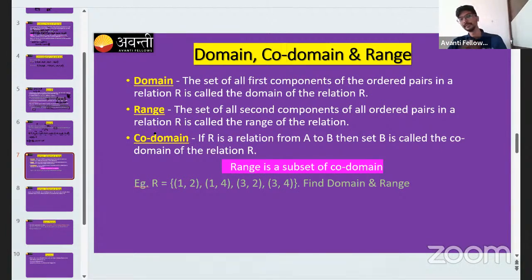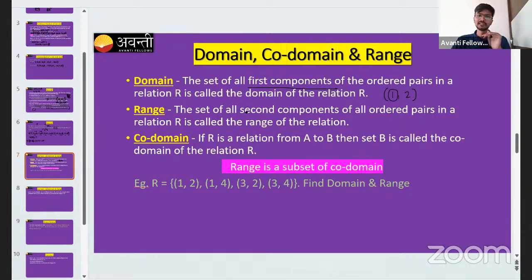So let us define domain. As you all can read, what is a domain? The set of all the first components of the ordered pairs in the relation R is called the domain of the relation. Meaning, if one of the ordered pairs in my relation is 1, 2, then the first component 1 will come in my domain.